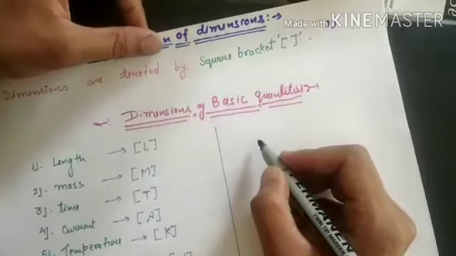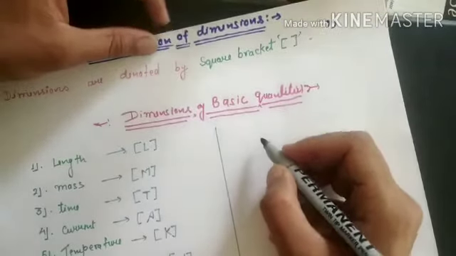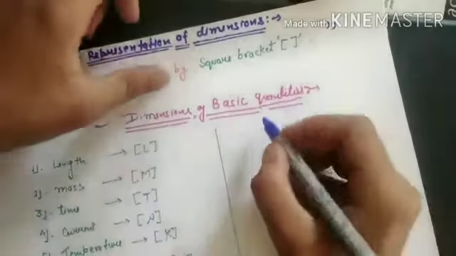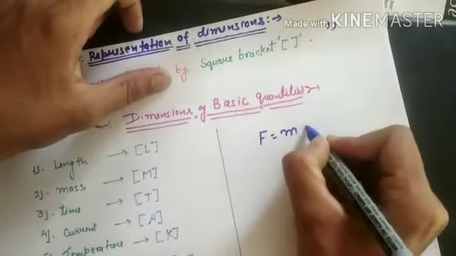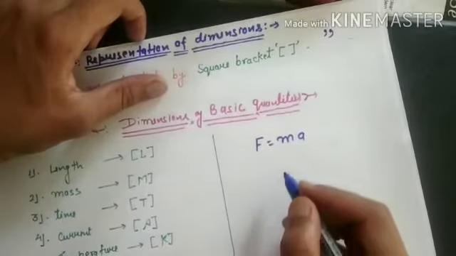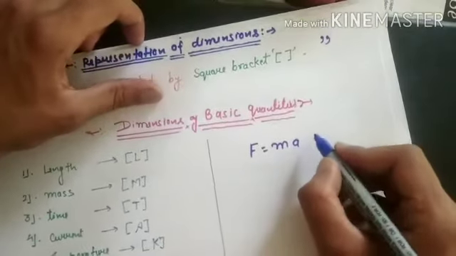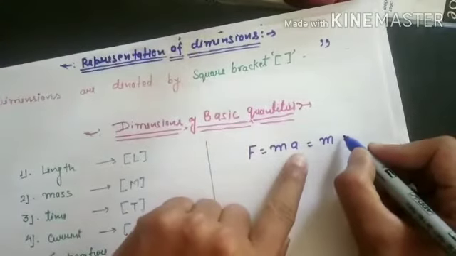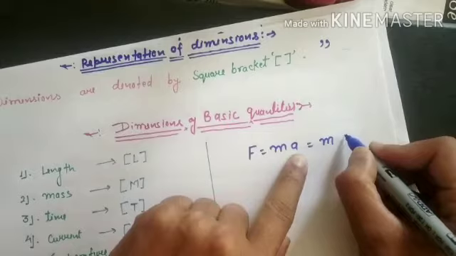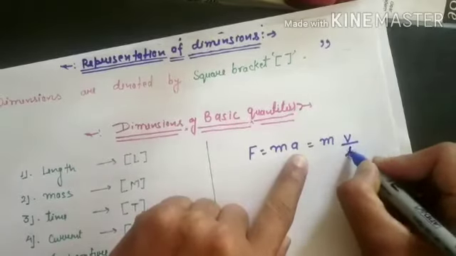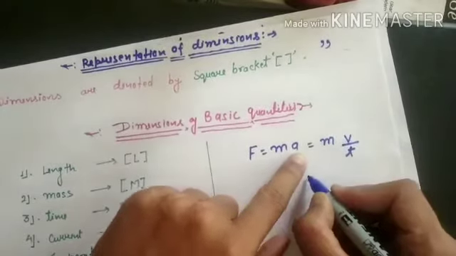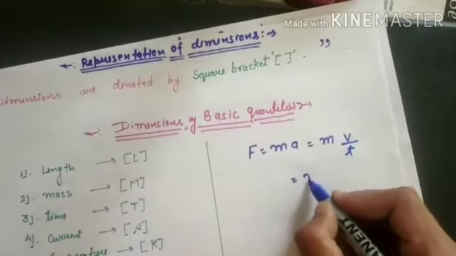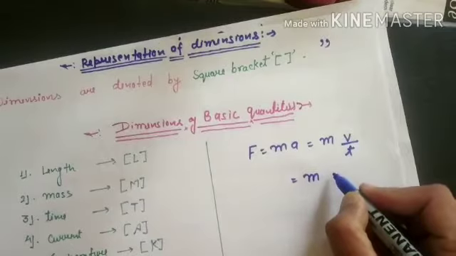For example, if you want to determine the dimension of any derived physical quantity, like we have force, F equals ma. Acceleration means rate of change of velocity over time. Velocity means distance over time.